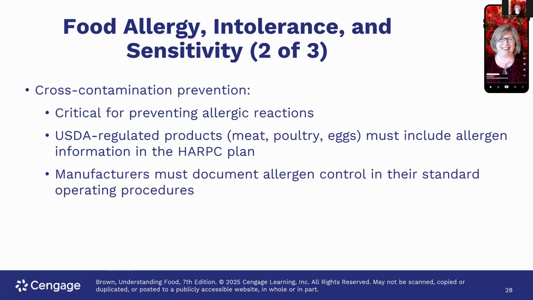How do we prevent cross-contamination? Well, first of all, it's critical for preventing allergic reactions. So you go to a restaurant and they serve seafood, and you have a seafood allergy. They also serve steaks and chicken and other things. So you go there and you order a steak.